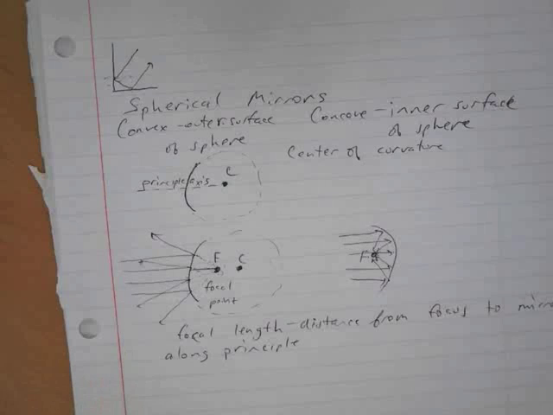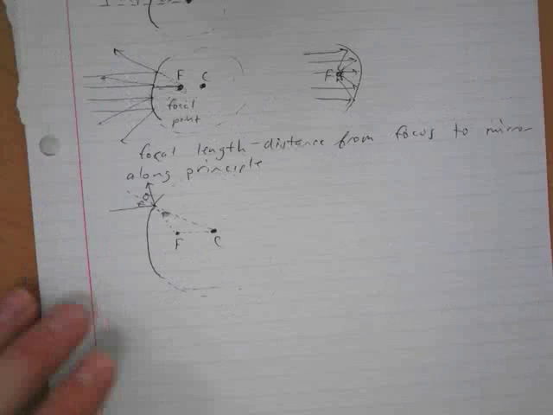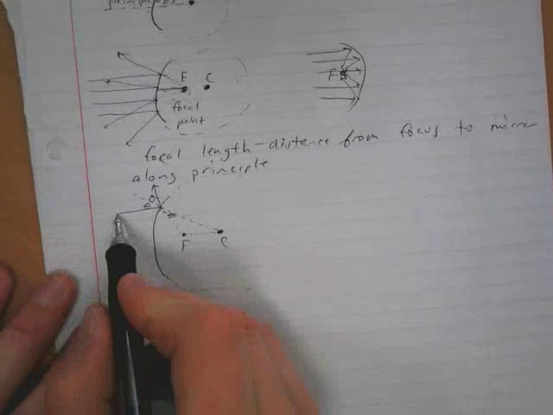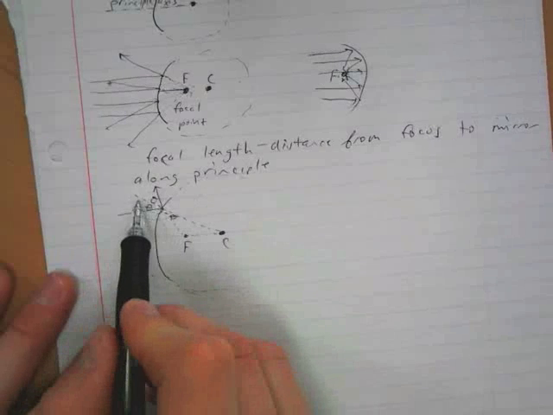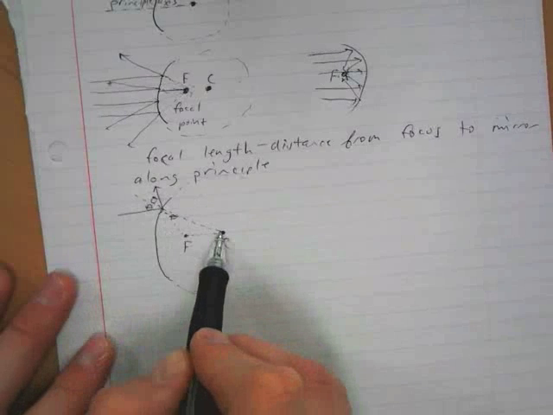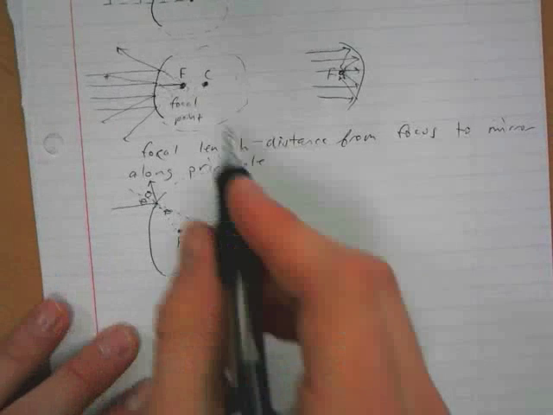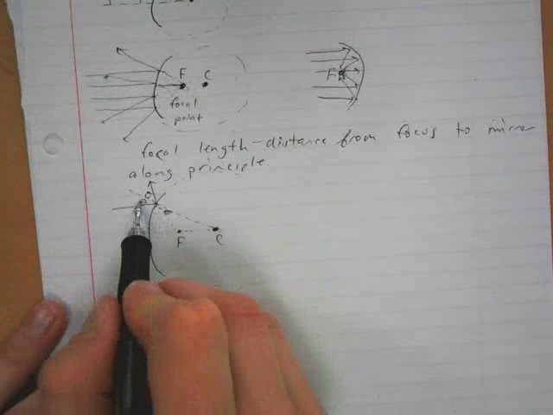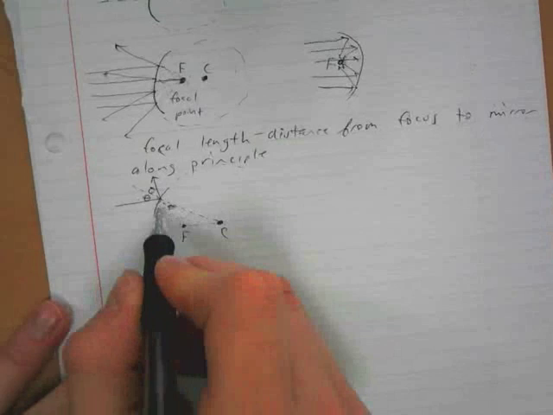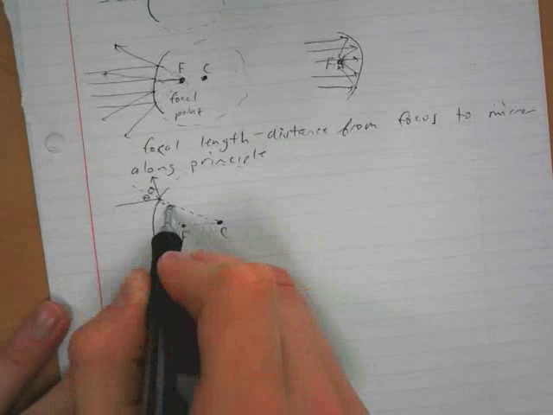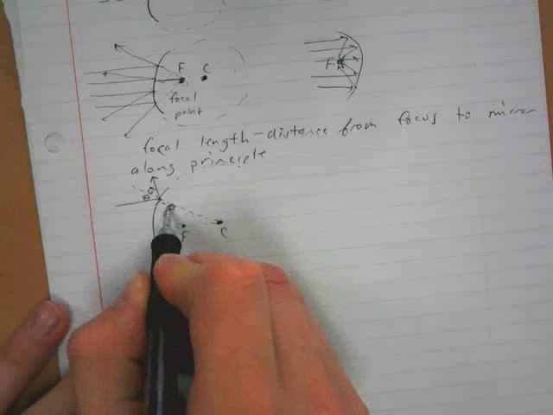But it turns out that there is a way to determine exactly where the focal point is. So the argument goes like this. We've got a horizontal incoming ray that has some angle of incidence. It reflects off, and this is our axis, running from the center to the point of contact. And these two angles are equal by the law of reflection. Now if we draw this little triangle in here, this angle is a vertex angle with this one, so those two are equal.